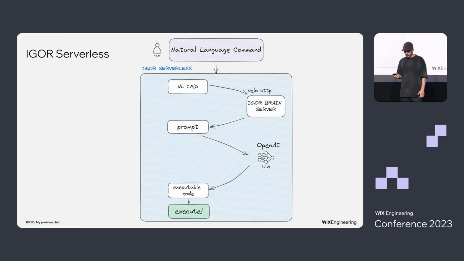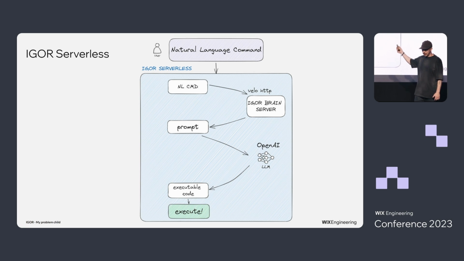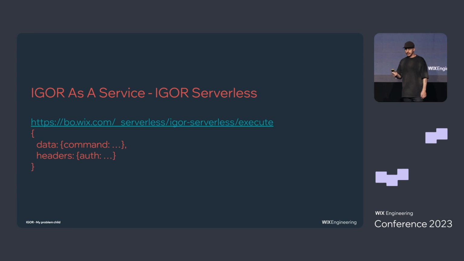And then, in the serverless version, IGOR is just this big black box. A client passes the command to IGOR serverless, along with an authentication header, and the IGOR server would then just get everything done. And this finally proved to me that I wasn't just waving my hands in the hackathon presentation that I made to management when I said that IGOR can have any UX written on top of it, that it's not just that playground app.